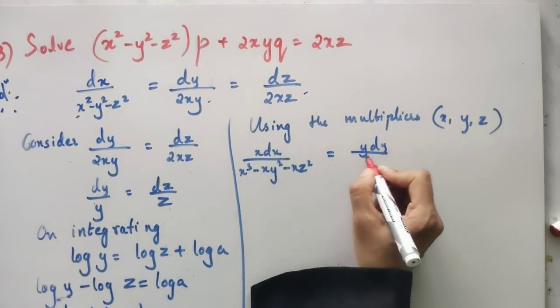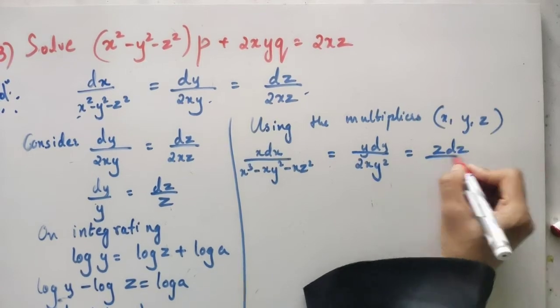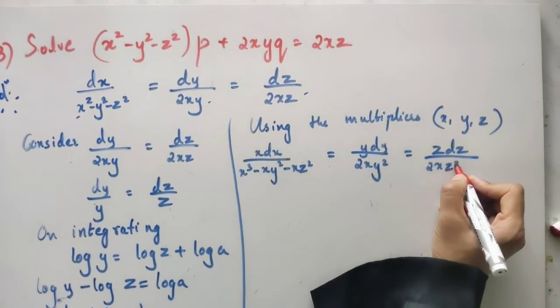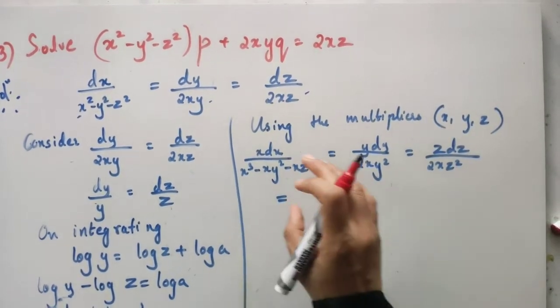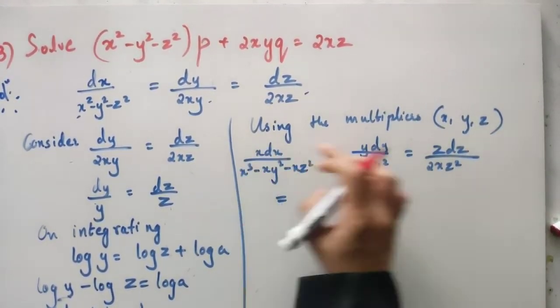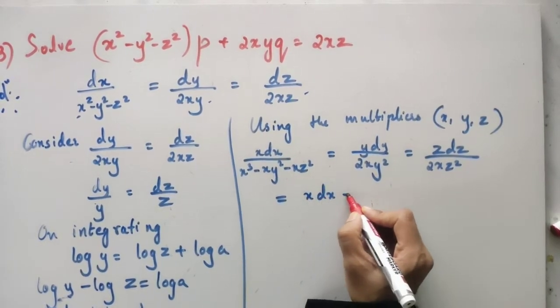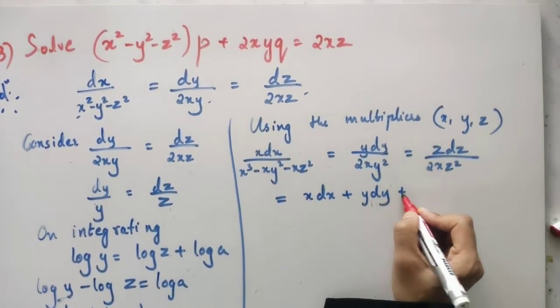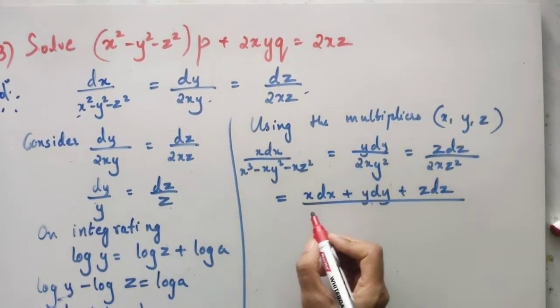Y dy divided by 2xy² you will get. Z dz divided by 2xz² you will get. Each fraction is equal to the addition of all three, x dx + y dy + z dz. This is what we did in the previous examples also.